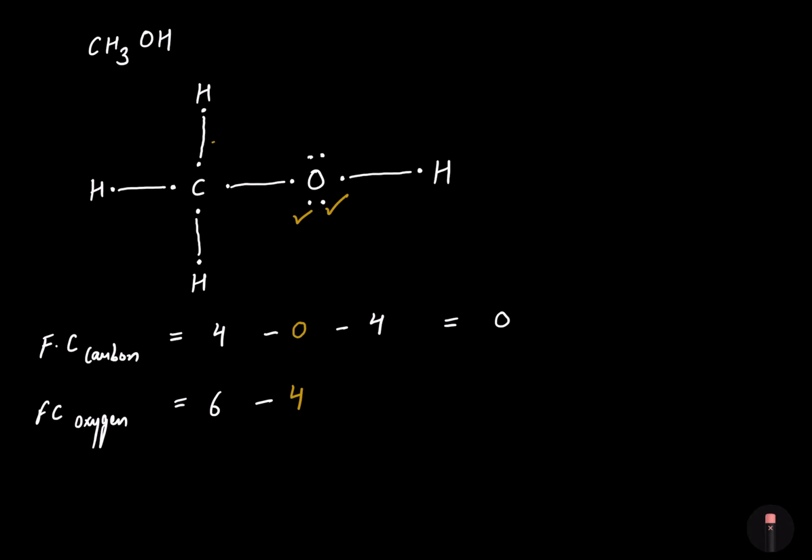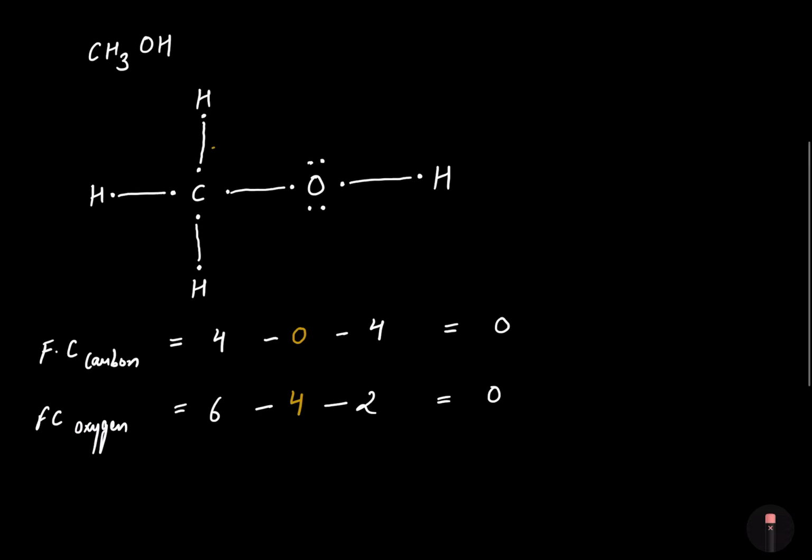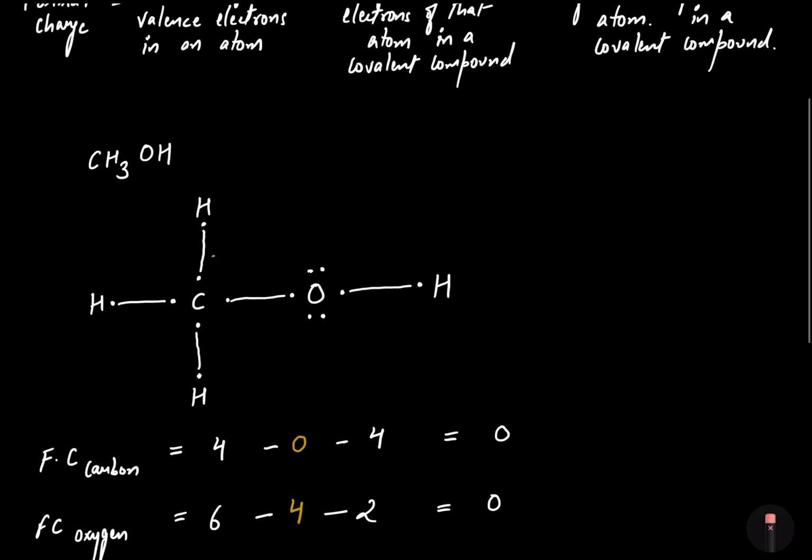After that, minus the number of bonds formed by oxygen in CH3OH. The number of bonds is 2, so we minus 2 here. So it comes out to be 0 again. That means oxygen is also neutral in CH3OH. So that's my first example.